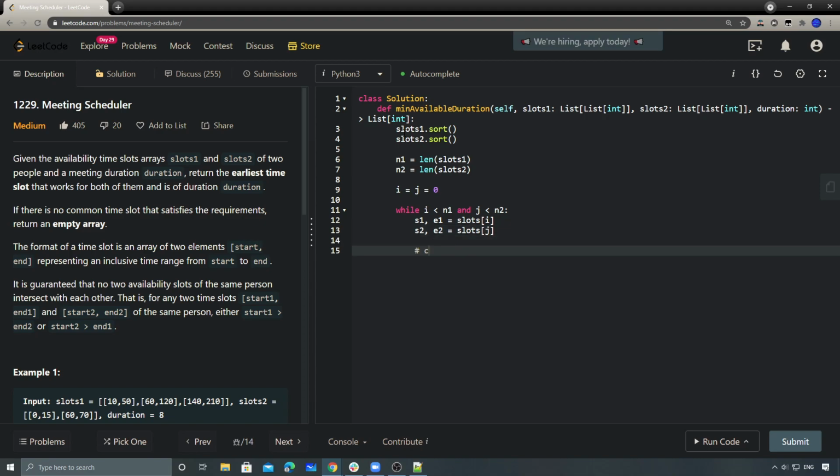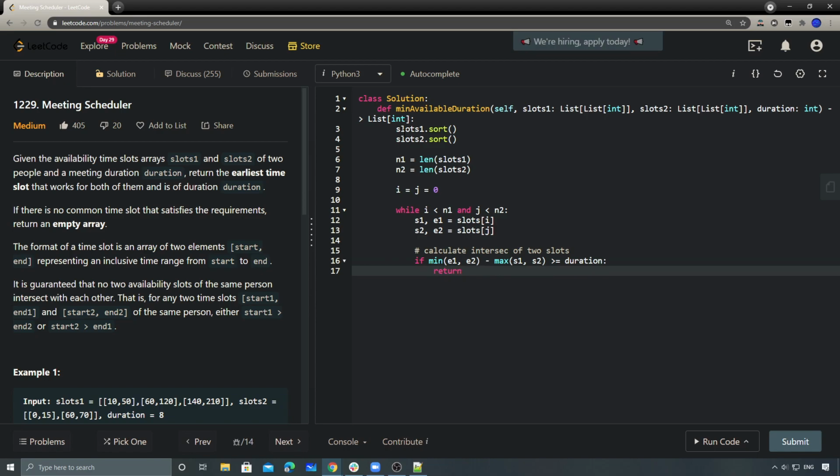So we calculate the intersect of the two slots. If the minimum of e1 and e2 minus the max of s1 and s2 is equal to or greater than the duration, then we know we found the answer, and we simply return.